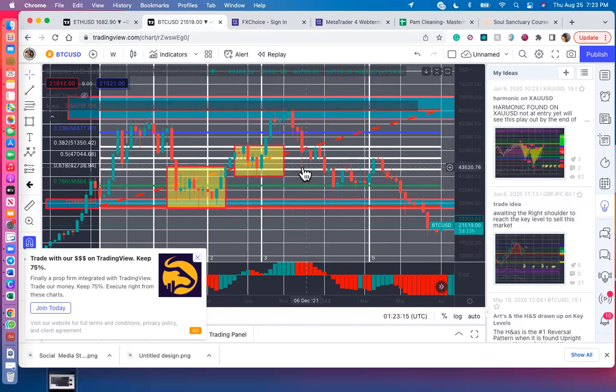She bounced around, but we had this large rejection here off of the 618. Now, if you had seen that rejection happening, you could have took a small bag here and got out like at the 382, right? But you have to be an experienced trader to get that type of a move. Even though it is weak, you can get stuck in consolidation for a while and really either lose your money or blow an account.